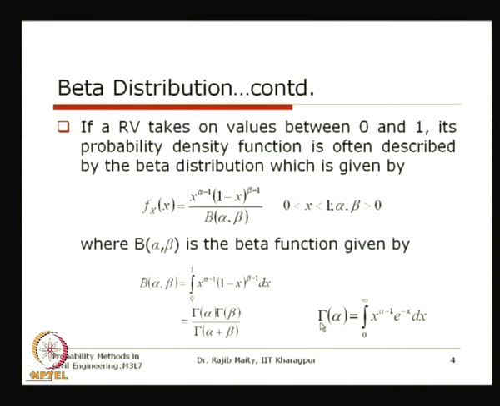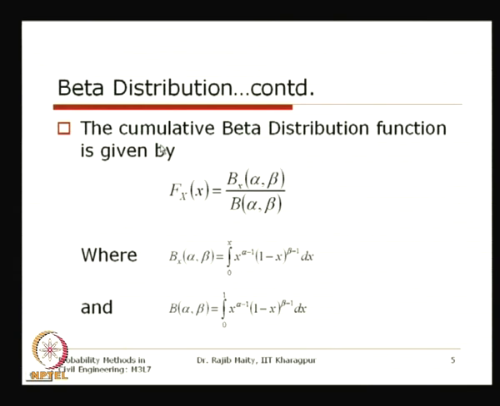It can be shown that if we know this integration over the 0 to 1 range, then the value of the gamma function can be calculated based on simple properties, and we will discuss those properties in detail when we talk about the gamma distribution. With this, we have the complete density function for the beta over the support 0 to 1.